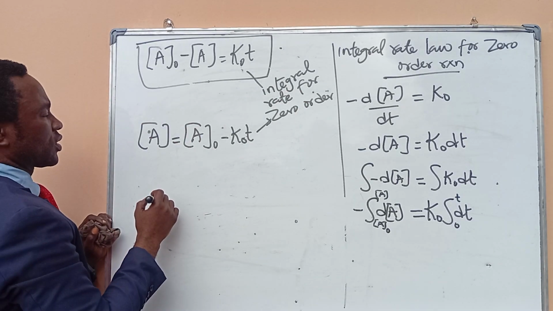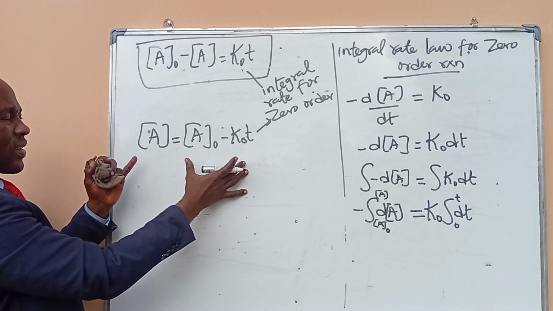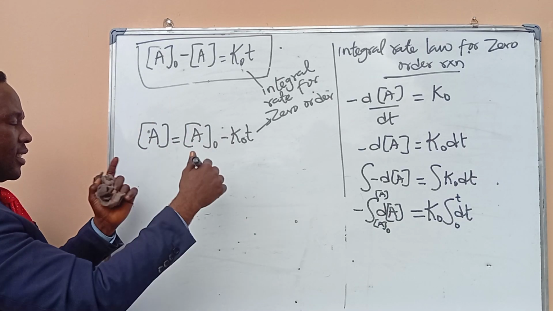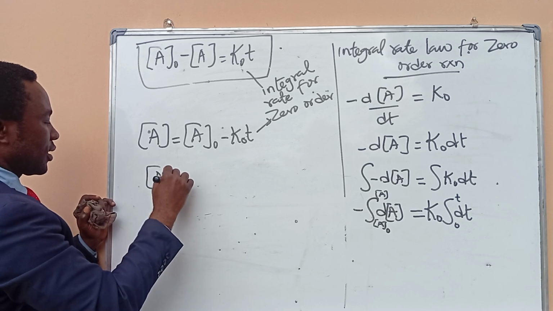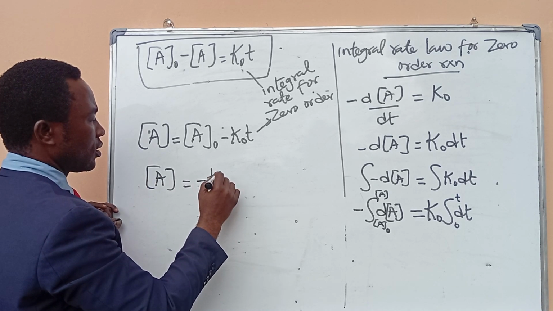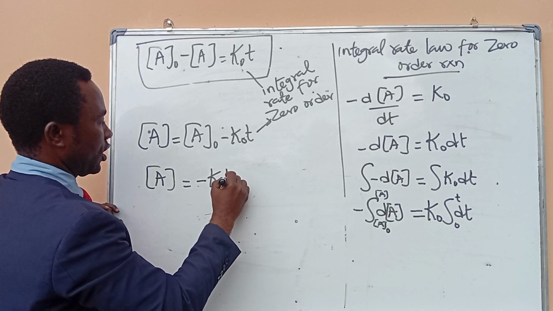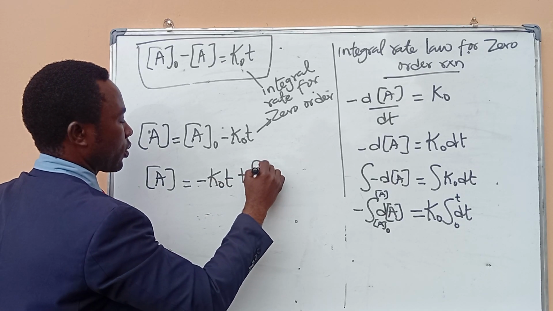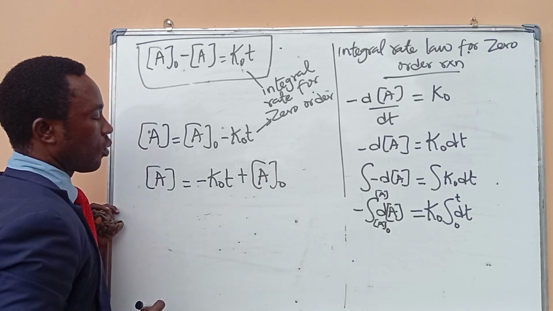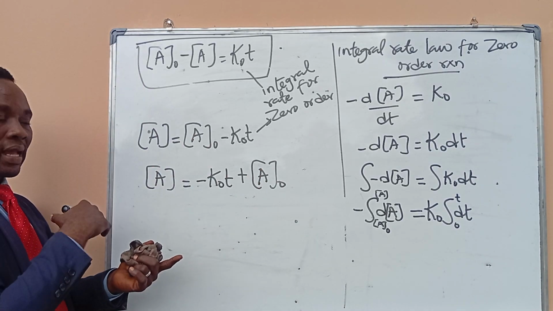Now let us have a plot. For example, if I want to rearrange this, I can rearrange it in such a way that my final concentration becomes minus K0 t, plus A0. What does it mean? I want to get a graph, that is why I am rearranging.